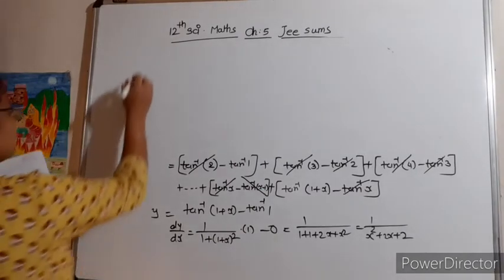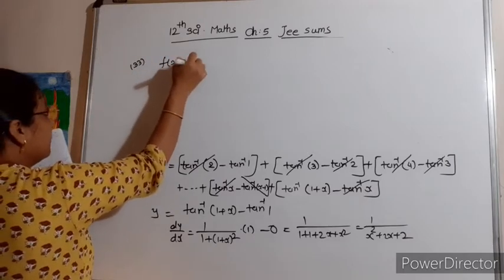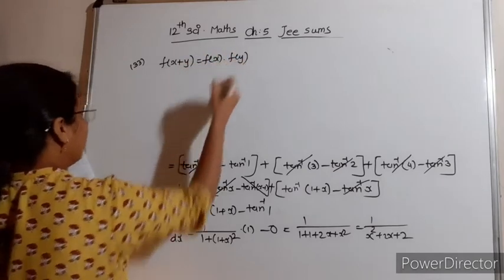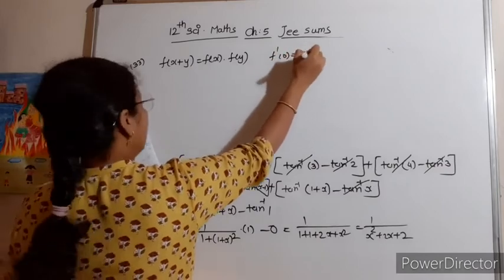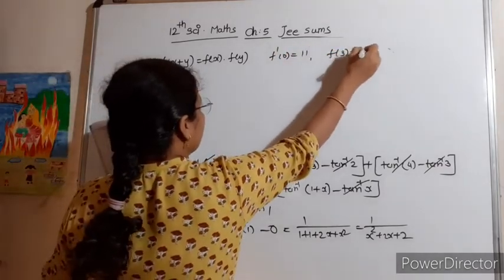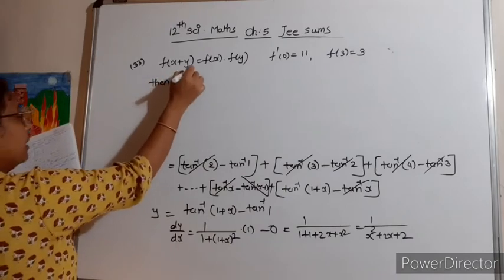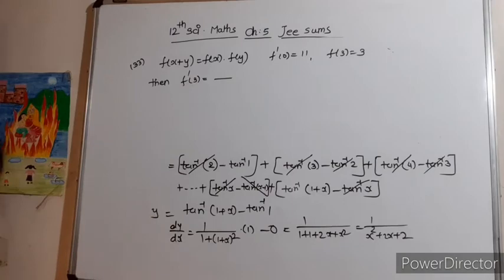33. f of x plus y is equal to fx into fy. f dash 0 is 11 and f of 3 is 3. Then f dash 3 is equal to dash. Okay.